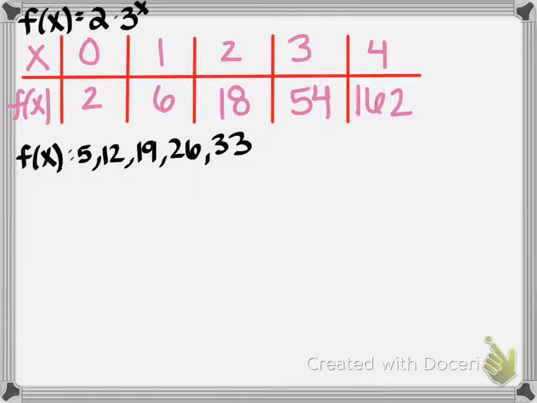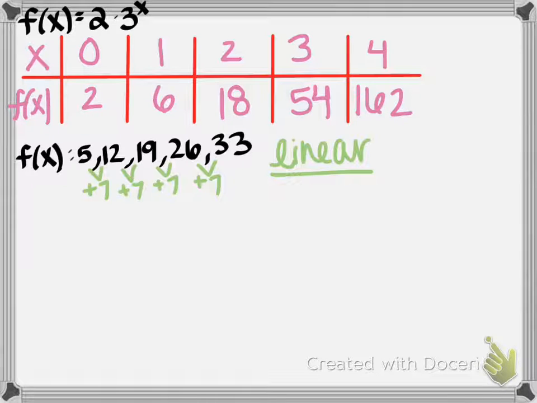To get from 5 to 12, I add 7. From 12 to 19, I add 7. And I add 7 for all of these. So this means that I'm going to use a linear model. And for that linear model, 5 would be my y-intercept and 7 would be my slope.